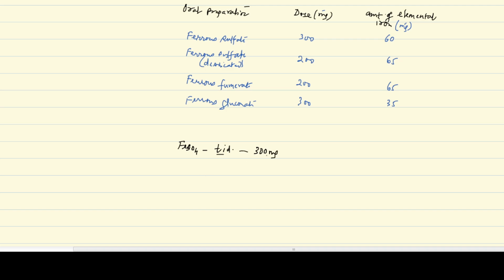So the person consumes a total of 900 milligram in a day. In this 900 milligrams, you'd have about 180 milligram of elemental iron.